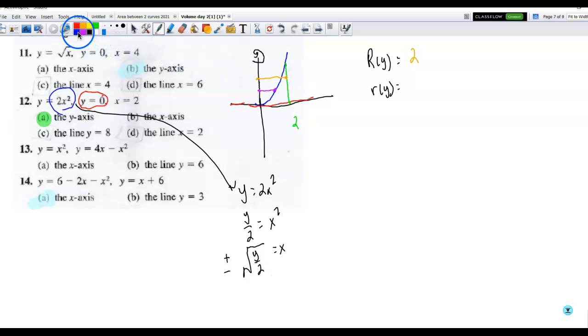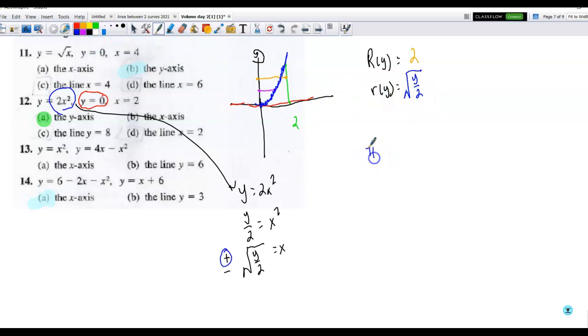Now look at the parabola. I'm only dealing with the positive side. So when I choose big R of y, I'm only going to choose the positive side. So that's going to give me the square root of y over 2 as the distance from the inner curve to the axis of revolution. Let's set up our integral.